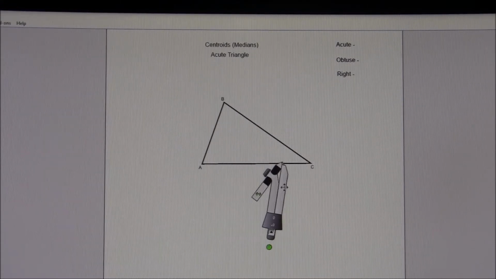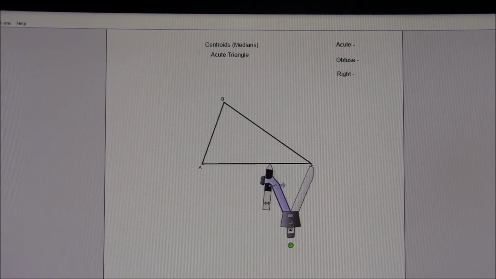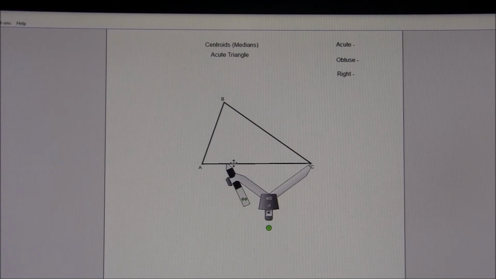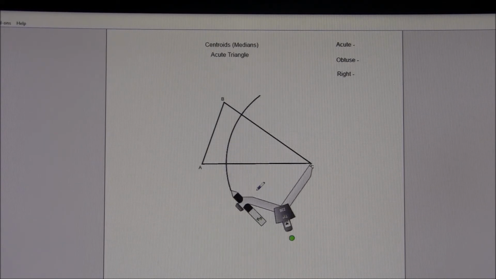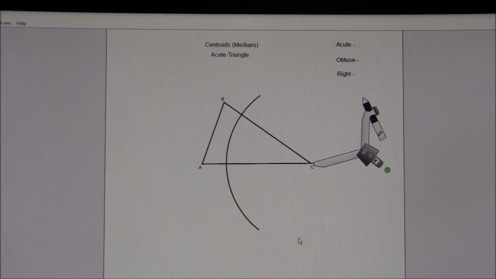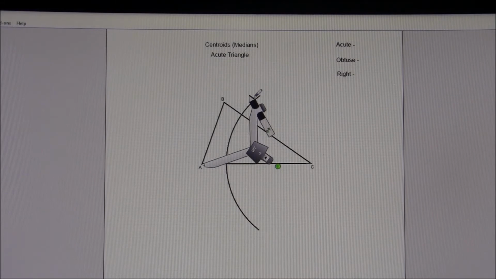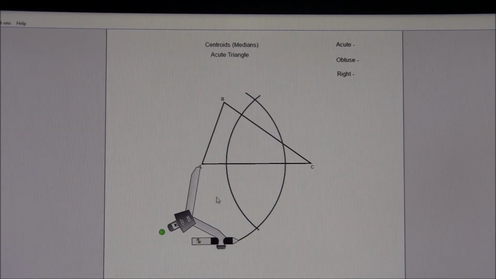Alright, so let's bisect CA, more than halfway. This is why it's so crucial that you know how to do these things.